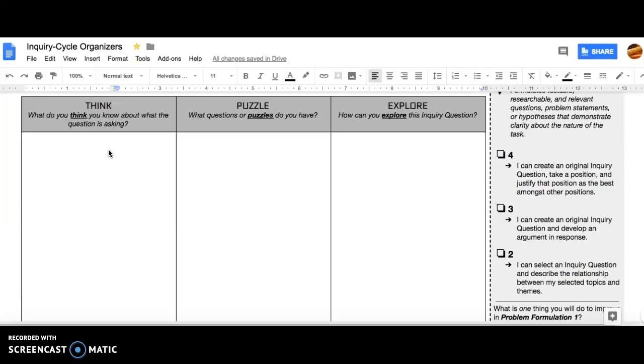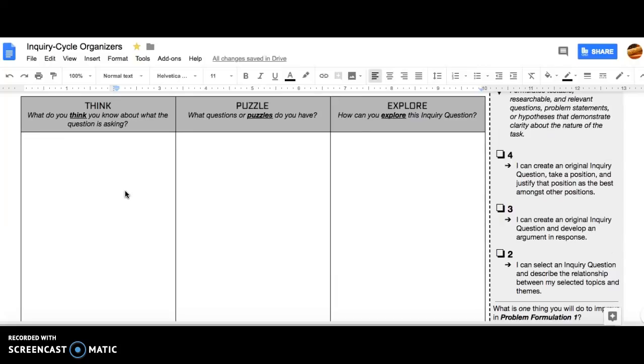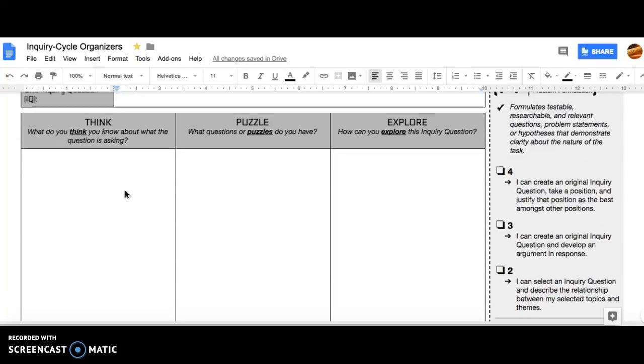So this is especially helpful because it allows you to clarify and understand exactly what the question is asking, to at least begin brainstorming what you already know about what the question is asking, what you already know about the topic that the question is having you investigate, and just jotting down as much or as little as you know about both the question and the topic itself.